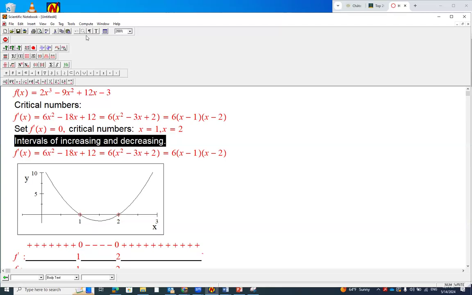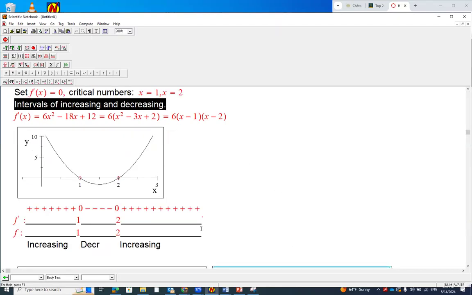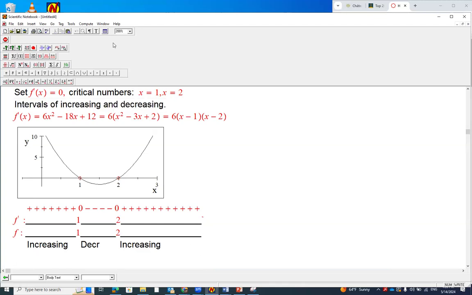increasing and decreasing, right? To answer that question, you're going to say, okay, F is increasing from negative infinity to 1 and the other interval from 2 to positive infinity, right?